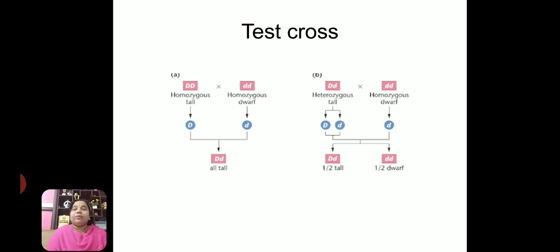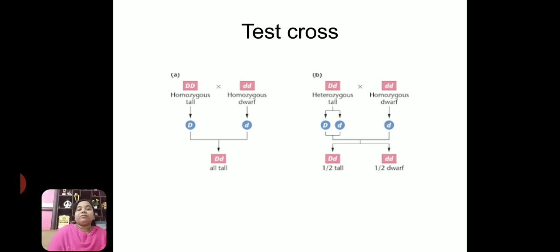So we are crossing the unknown genotype tall plant with a known genotype dwarf plant to identify whether that organism is capital D small d or capital D capital D.